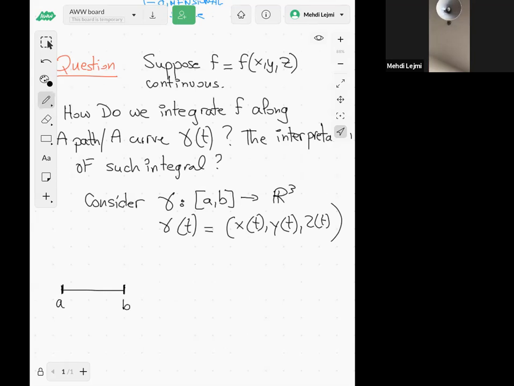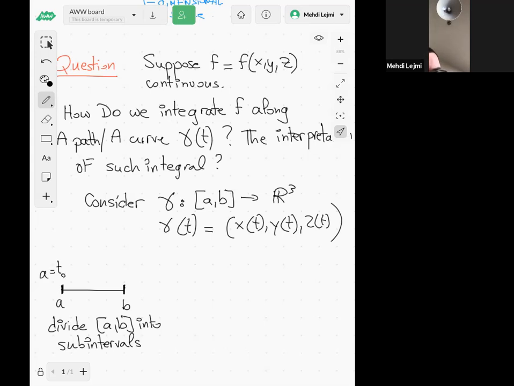Okay. So I'm gonna divide AB into subintervals, right? A, let's say, is equal to t subscript 0.